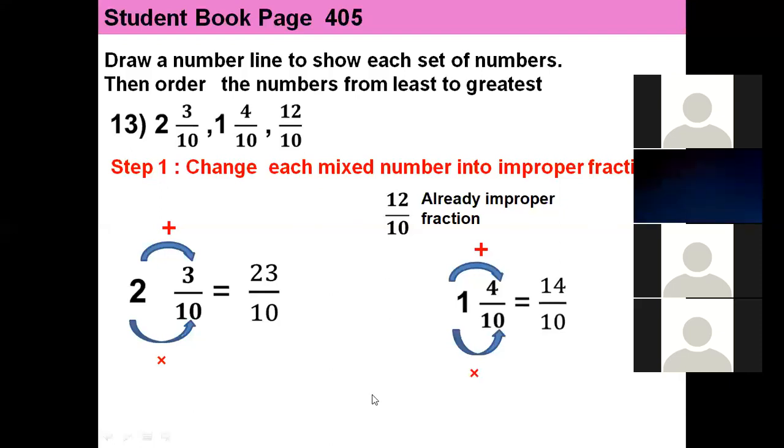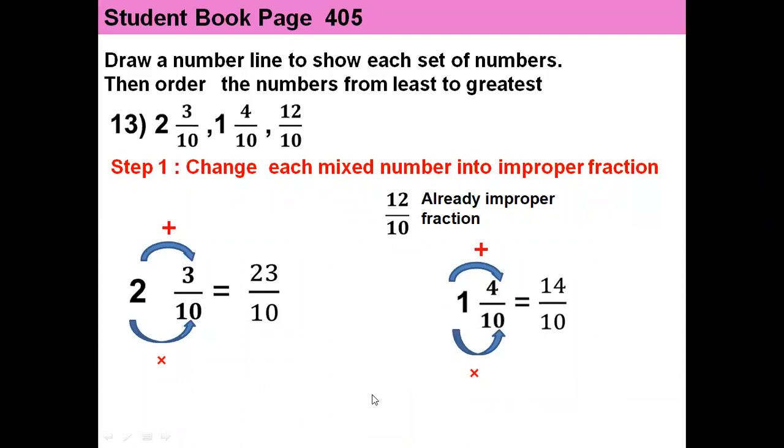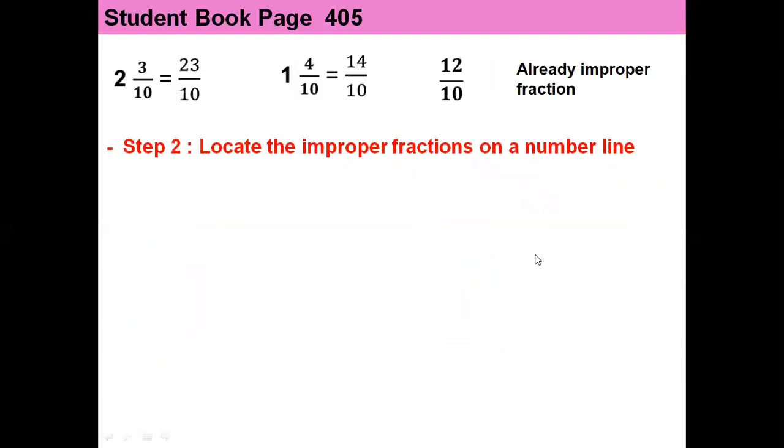Thank you. I'm going to choose another student to complete the question with me. Raise your hands to locate them on a number line. Yes, Karmul. Hello, teacher. Okay, can you locate them for me on a number line?